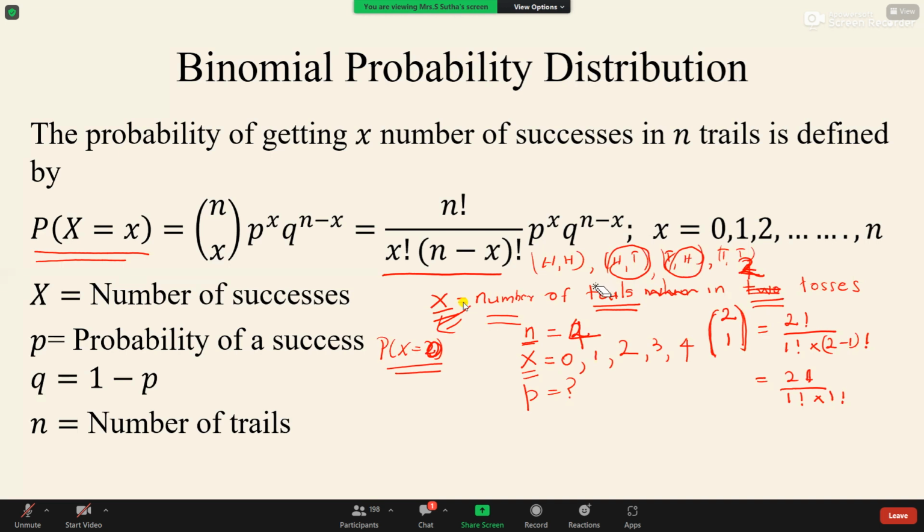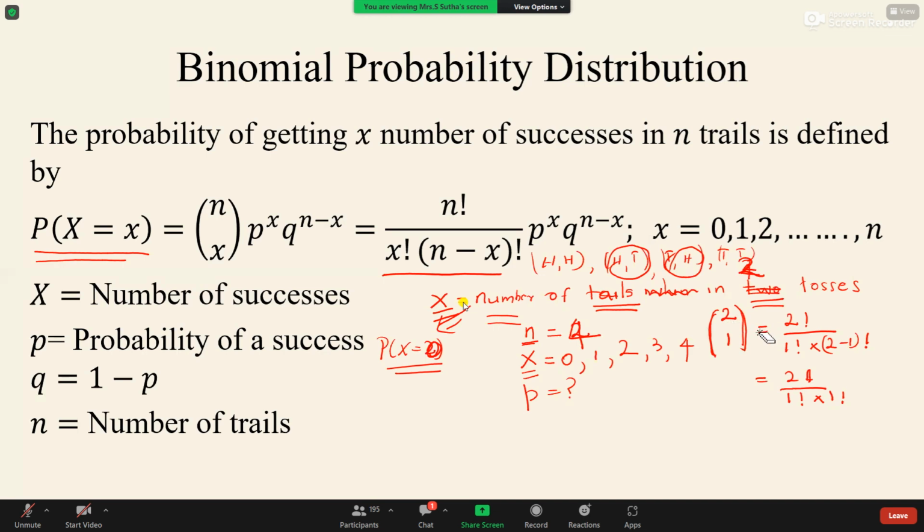In the first toss you get head and the second time you get tail, or the first time you get tail and the second time you get head. So how many possibilities are there to get 1 tail? 2 possibilities.